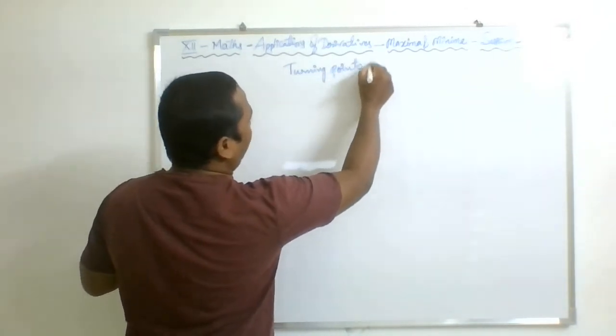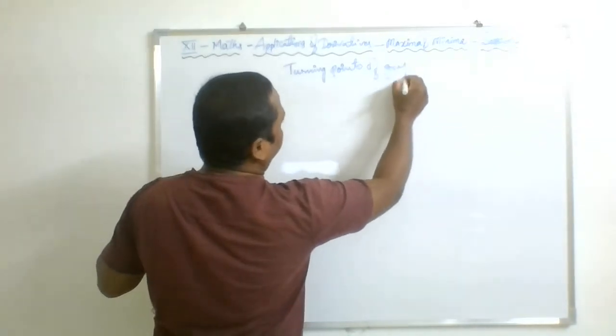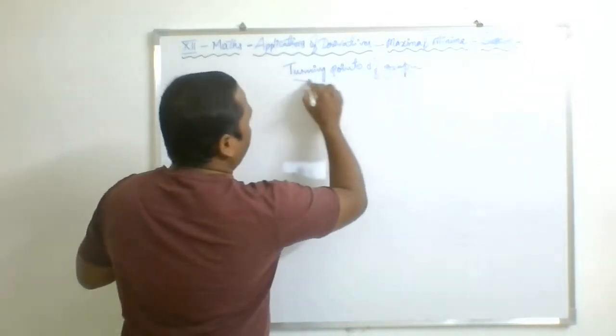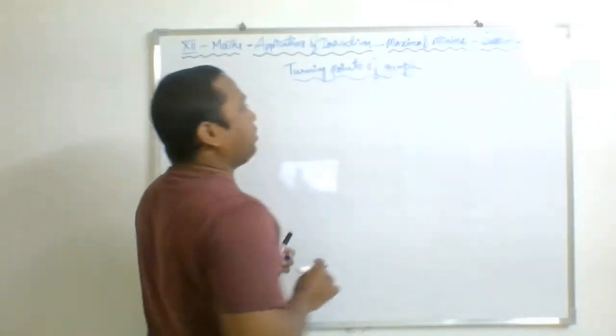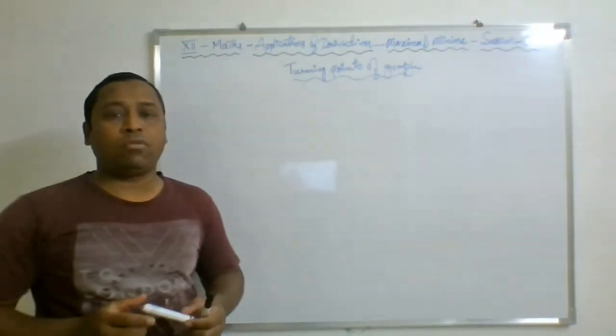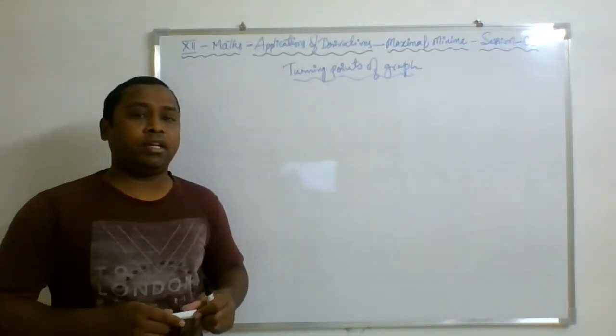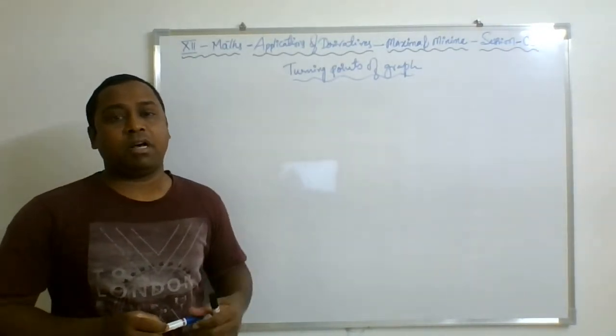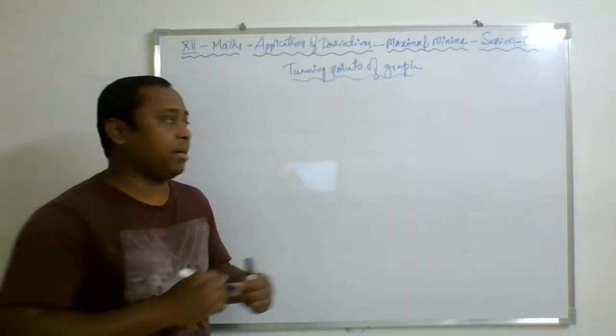When you know the turning points, only then can you find out whether a turning point is a point of maxima or a point of minima.